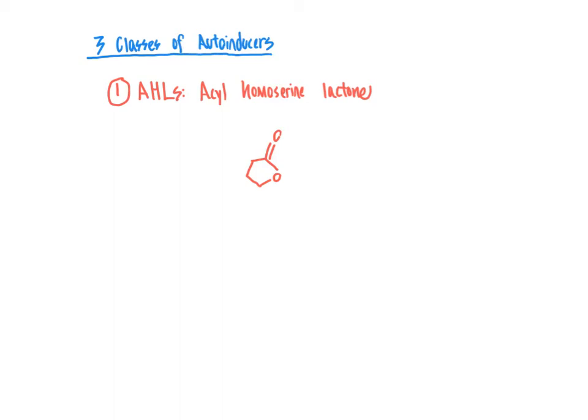And then we additionally will generally have an amide group branching off here, and then a carbon chain here, which I'm going to denote as R, where R differs in the length and substitution on this N-acyl chain.